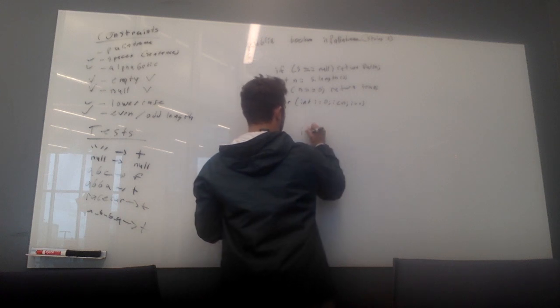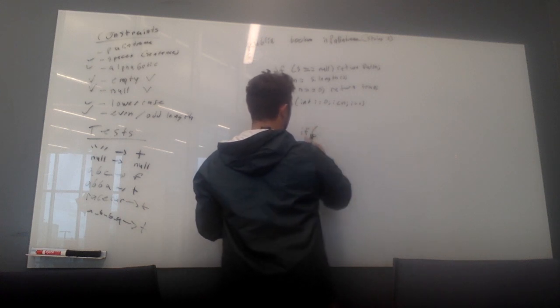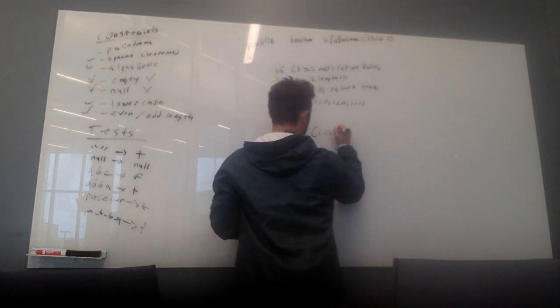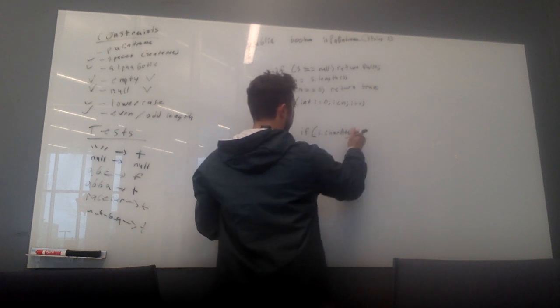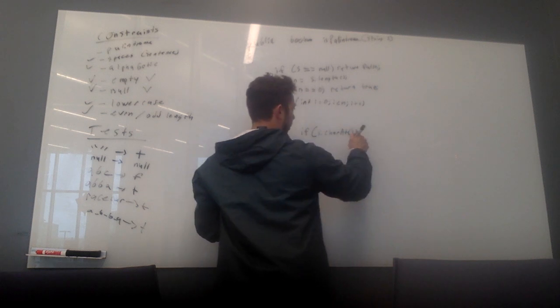I guess I can just check it using the charAt function. So if s dot charAt i, this is going to be my left-hand pointer, coming from the left, like I said.